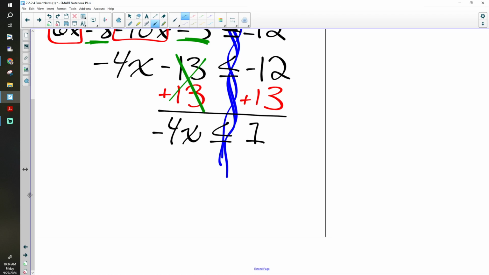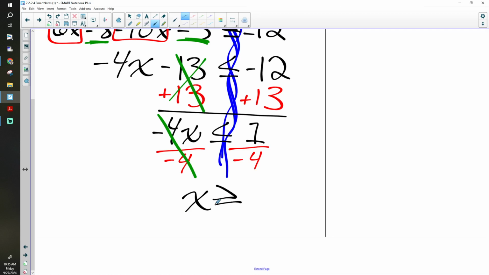One thing left to do, get x by itself. Divide both sides by negative 4. What happens? What do we do to both sides? We divide by a negative, what do we do? Flip it.